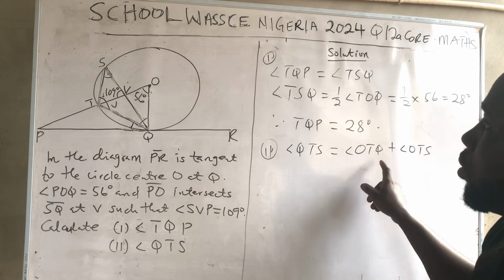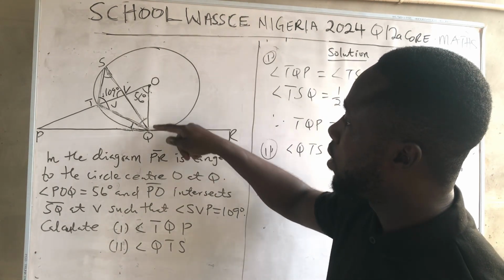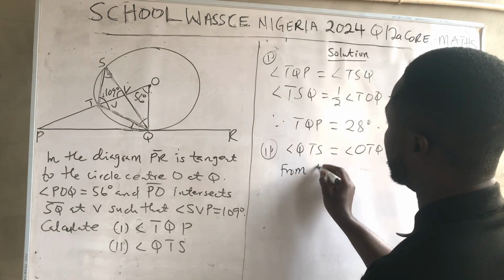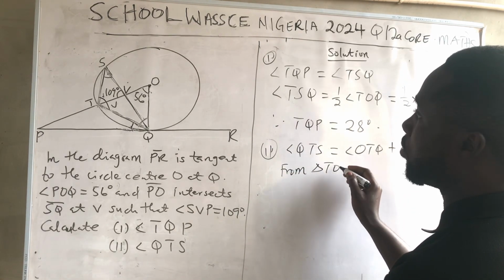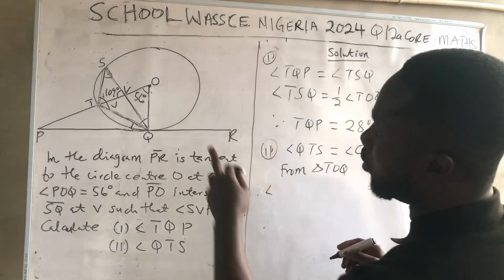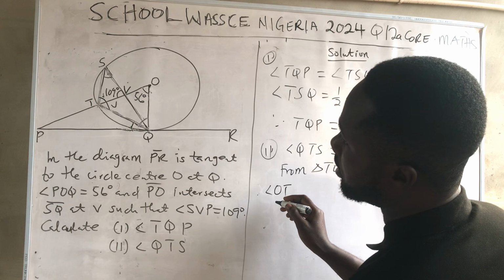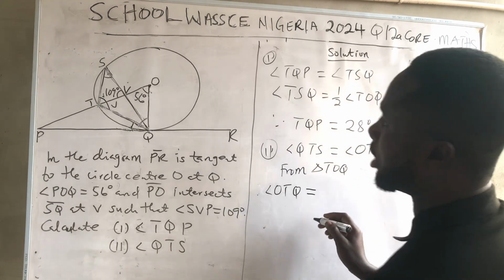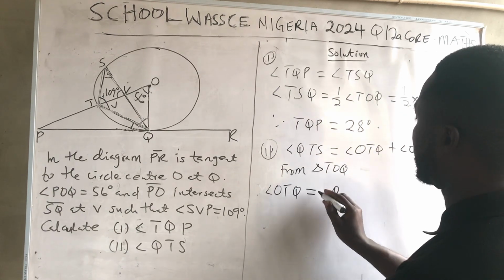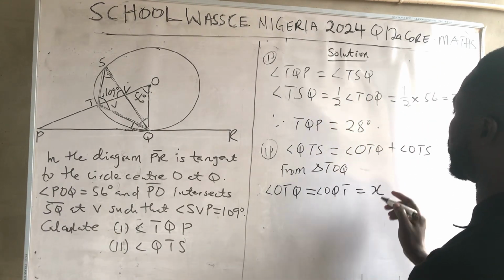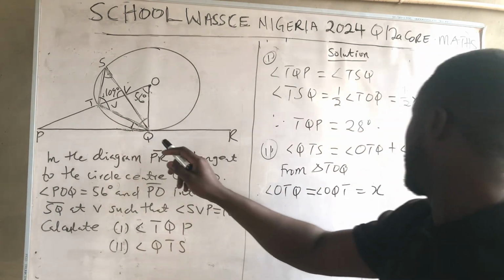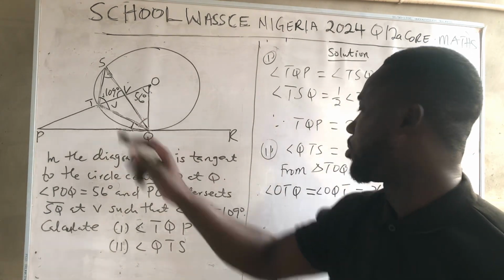So angle OTQ is the same as angle OQT. Let's say angle OQT is equal to x, because we don't know that angle. So OTQ is the same as OQT. So here is the same as here.